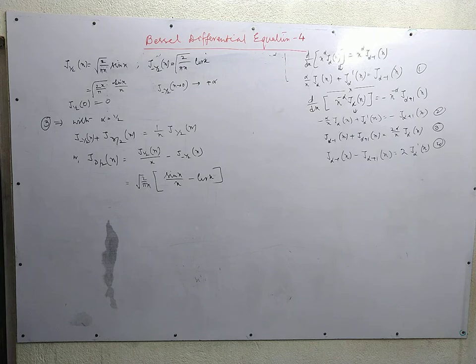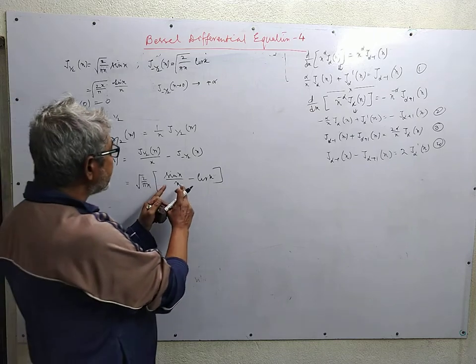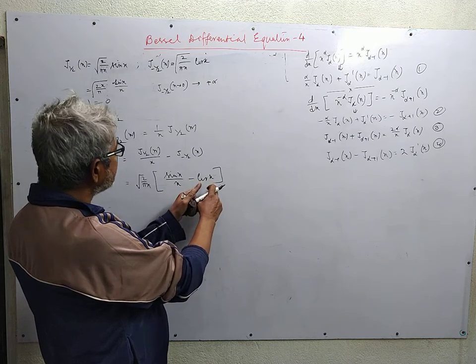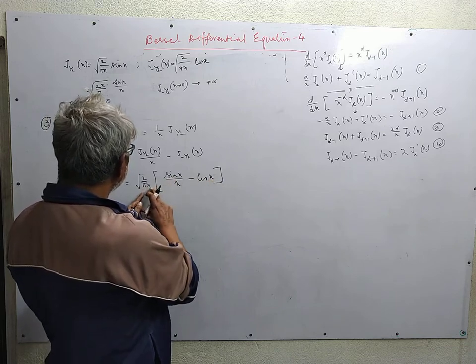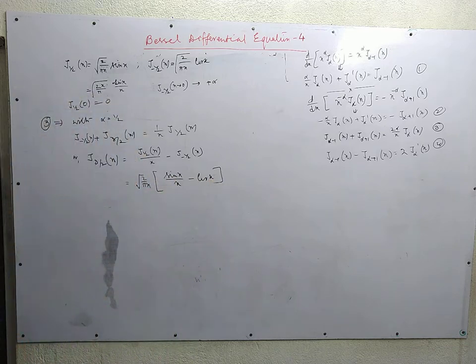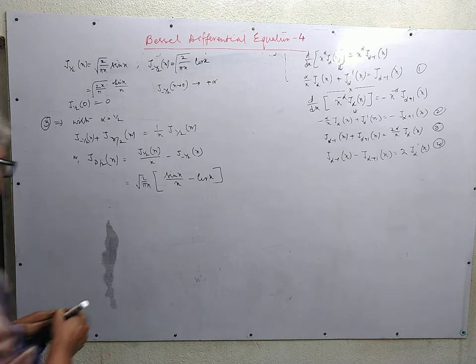As x tends to 0, this is 1, this is 1, so this is 0 by 0 form. We could use L'Hopital rule to find out the value of j of 3 by 2 at the origin, but here we should adopt some other technique.